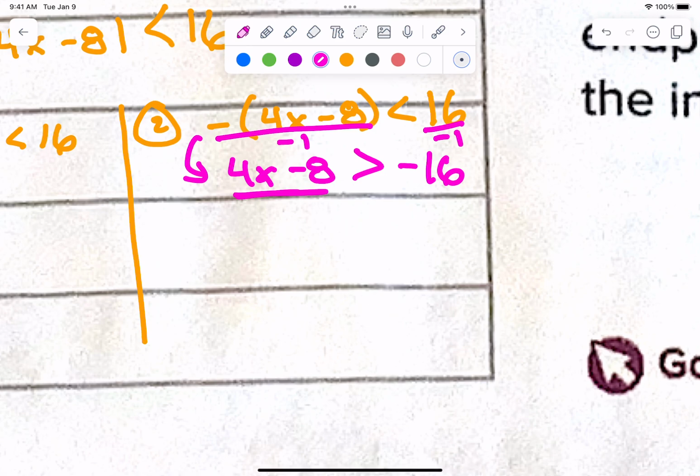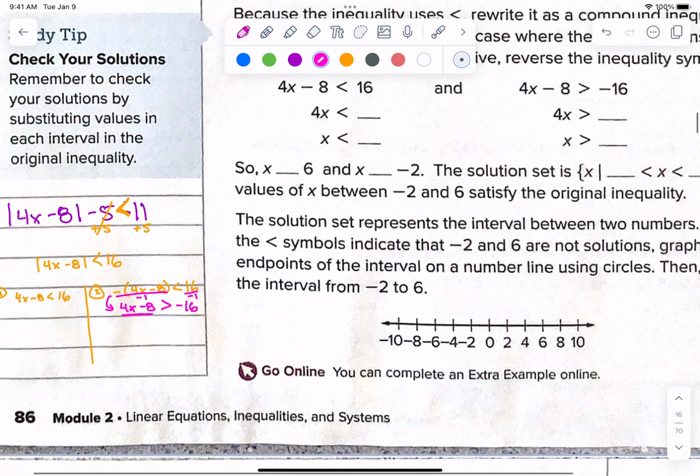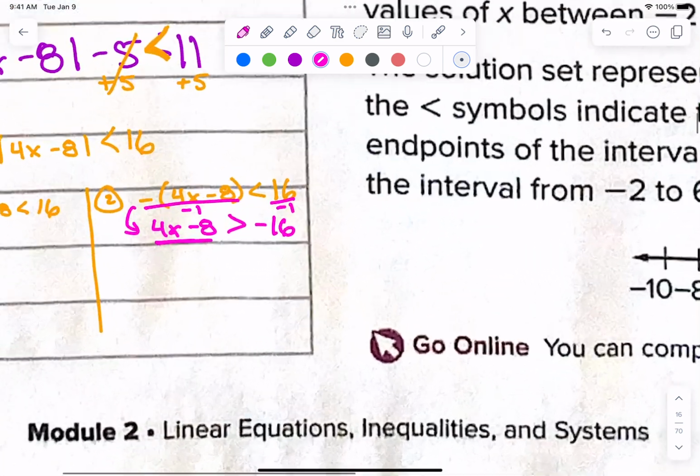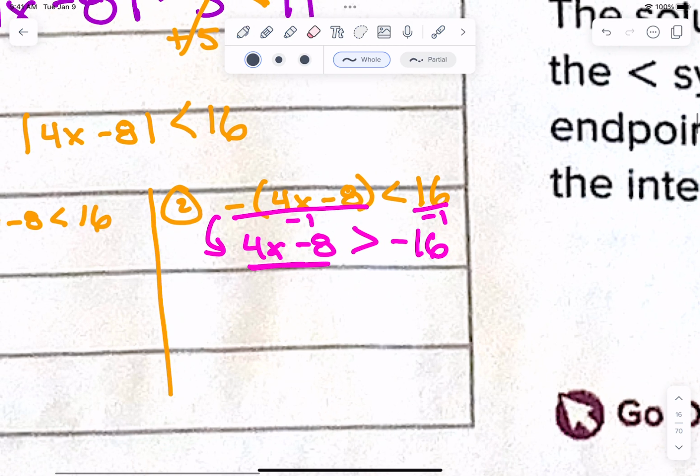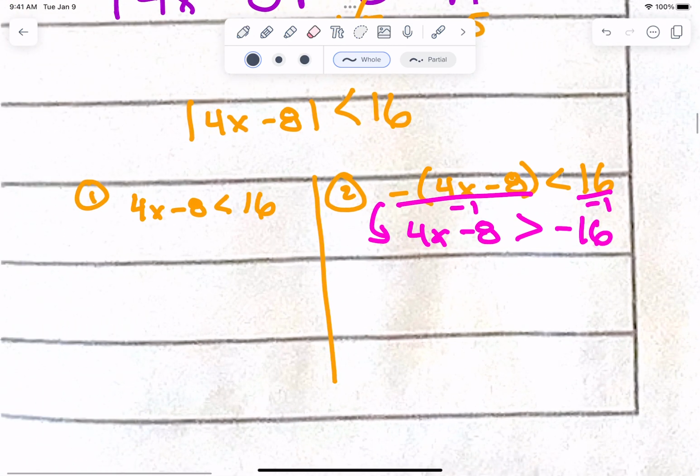Actually, he'll be bigger than 0, right? So do we need to change that number to 0? Let's see what they did. They left it. Okay, never mind. I guess because that number could be 16 inside of there. So we're just going to leave him like that.